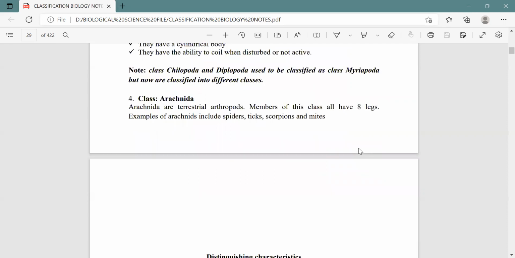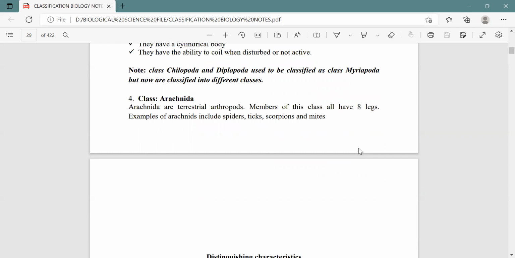Moving on to class Arachnida. Remember I told you that these are the spiders, nabubi, ticks, enkwa, mites, or scorpions.